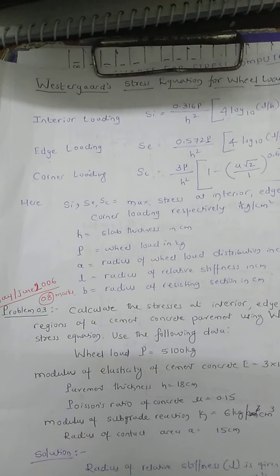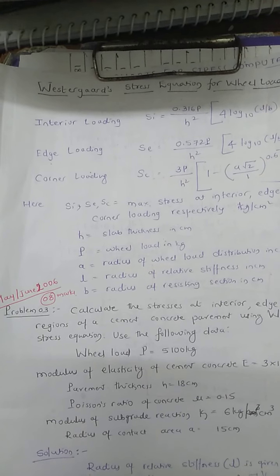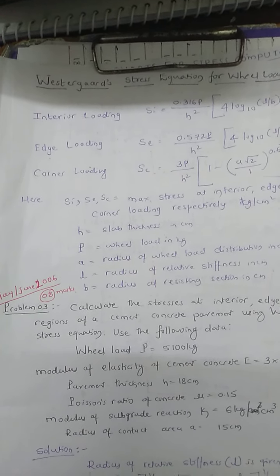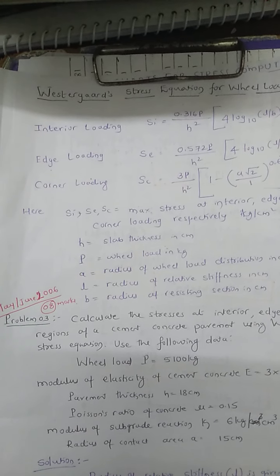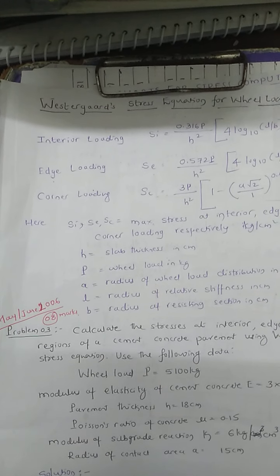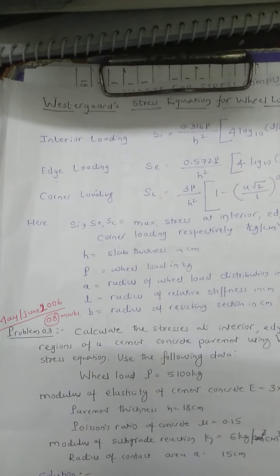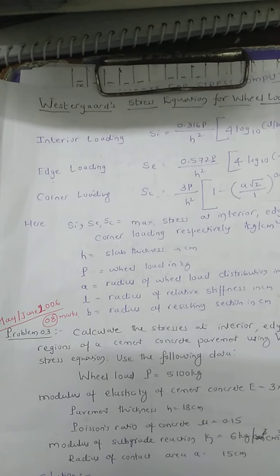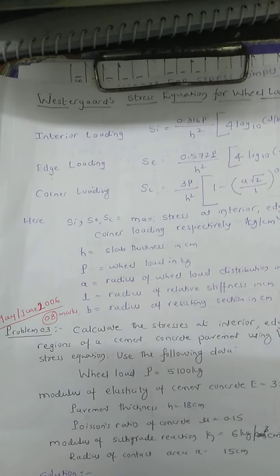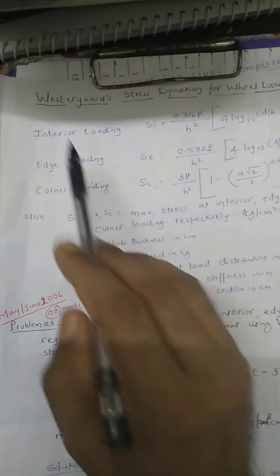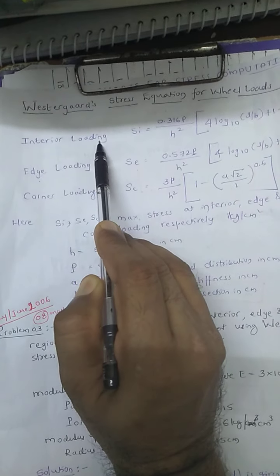One is interior, second edge, and third one is corner region. The critical section stresses, that is SI, SE and SC, at the typical locations, that is interior, edge and corner, are given by these equations. This is the interior loading.